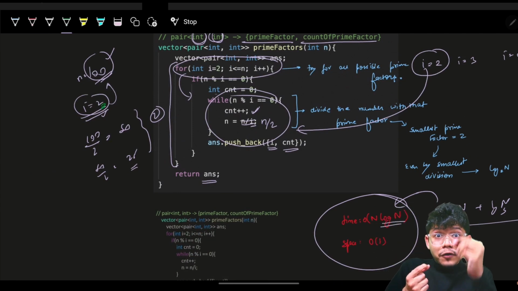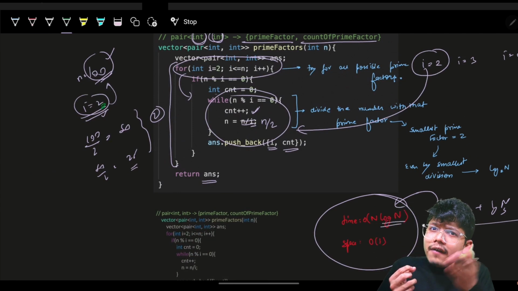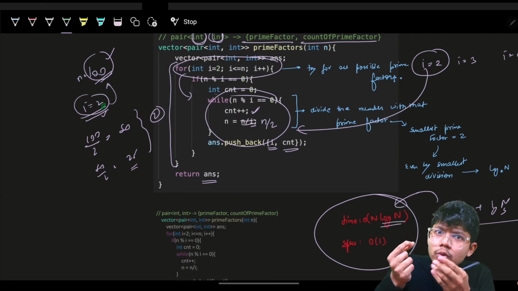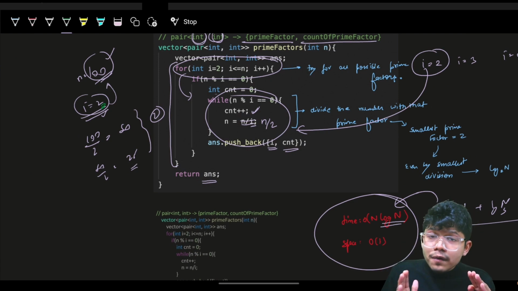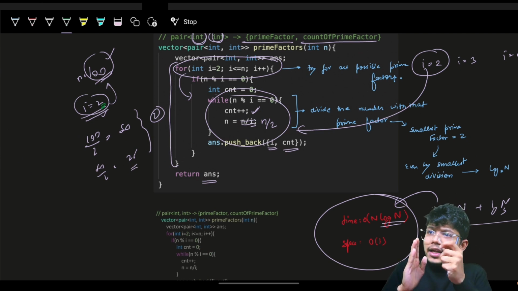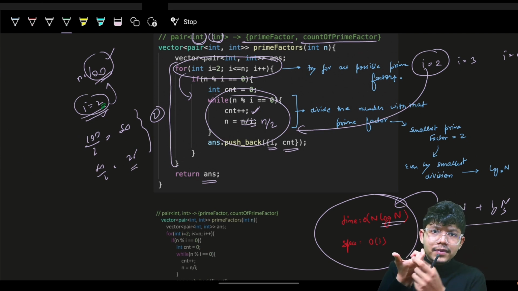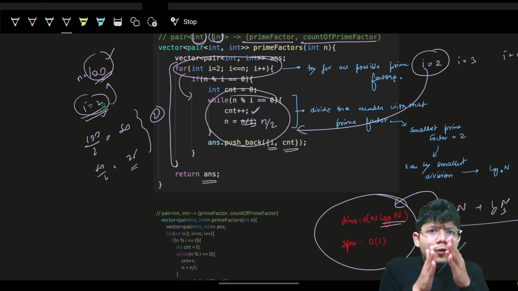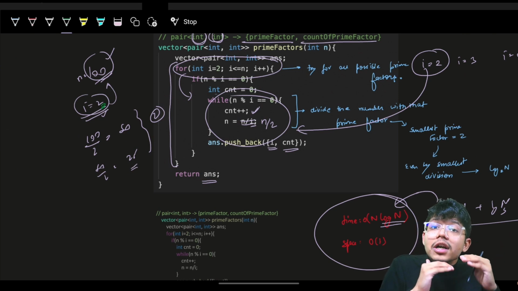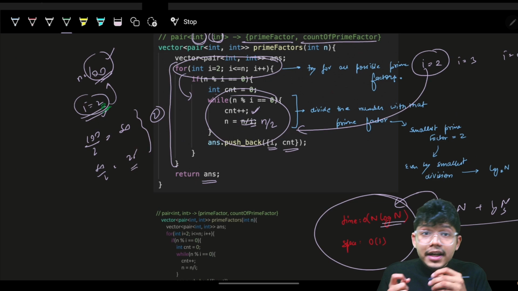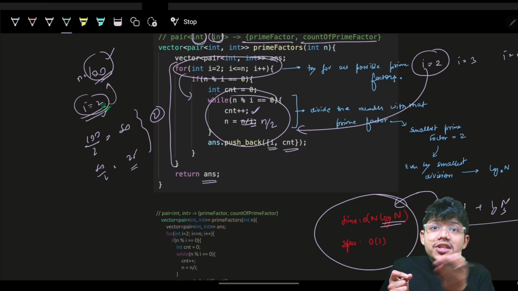As soon as I tried number 2, I kept on dividing that number 100 by 2. Because of that, that number 100 had no more factor of 2, which means if I just imagine 2, then 4, then 6, then 8, 10, 12, all of them became redundant after I did a simple continuous division by the number 2.